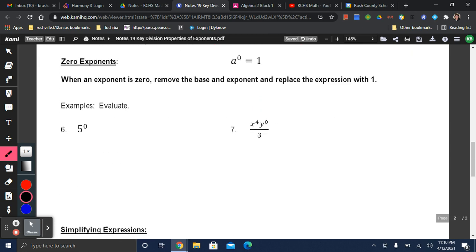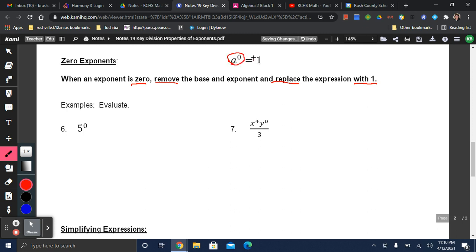Okay, we have another type of exponent called a zero exponent. When an exponent is 0, you remove the entire expression and you replace it with 1. So a number to the 0 power, or a variable to the 0 power, becomes 1.